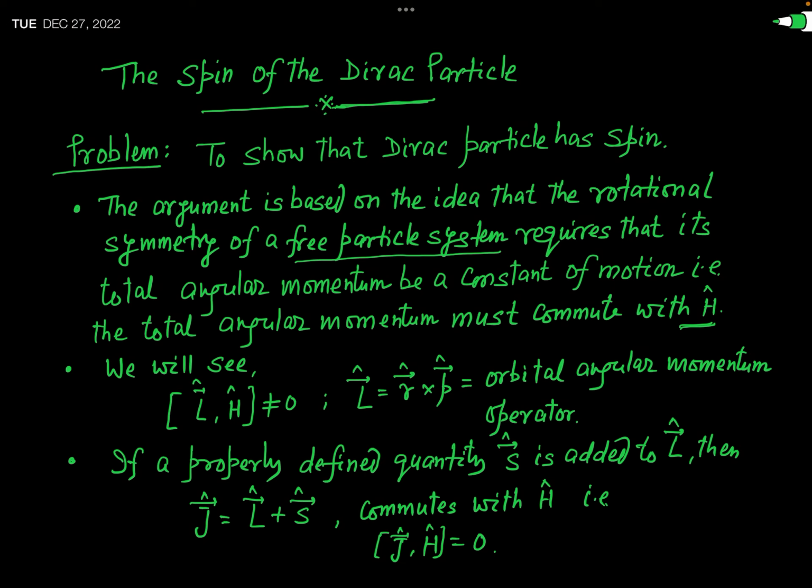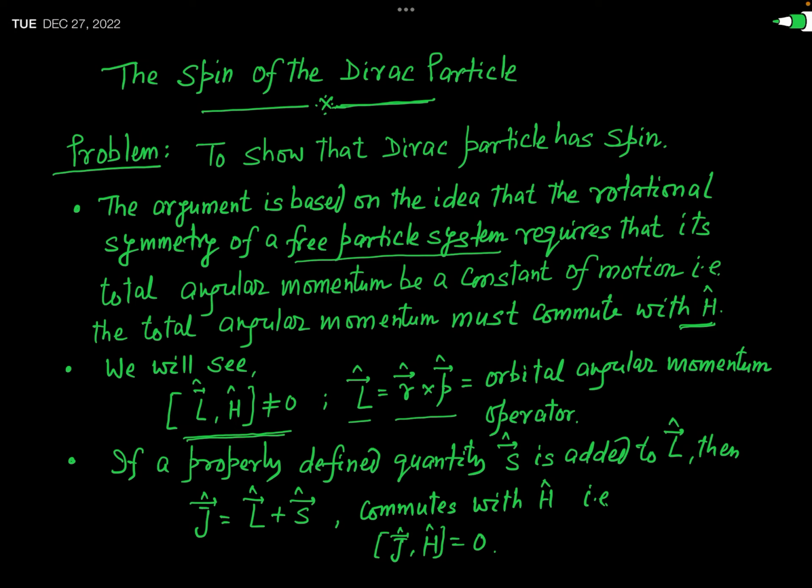But you will see that the orbital angular momentum operator, this L hat, does not commute with the Hamiltonian operator. We will see, where L hat is the orbital angular momentum operator, and you know this L is defined by r cross p.